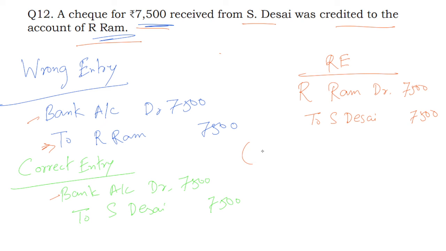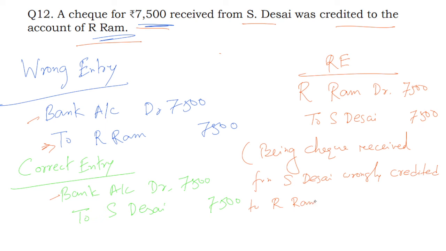Being check received from S Desai wrongly credited to R Ram, now rectified. You just have to mention the same thing.